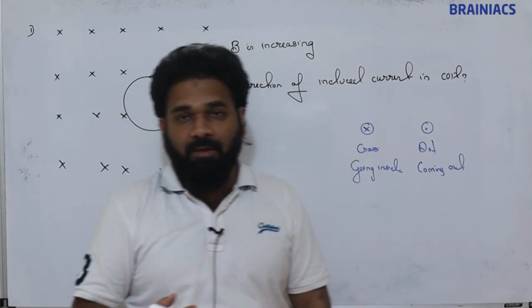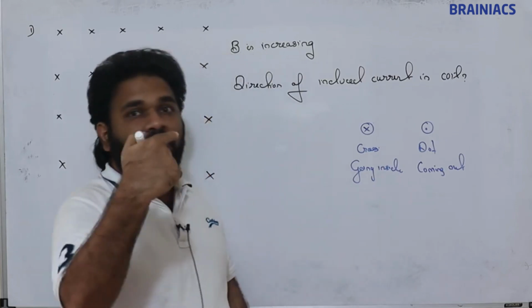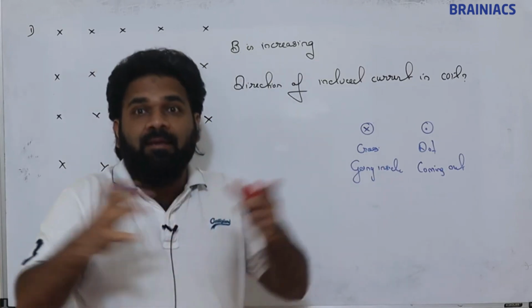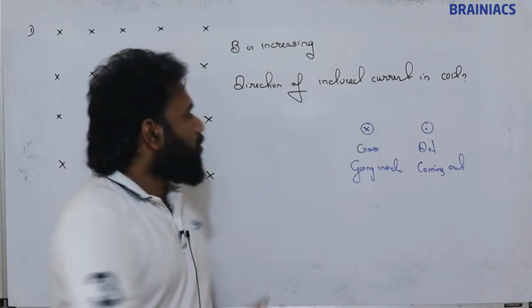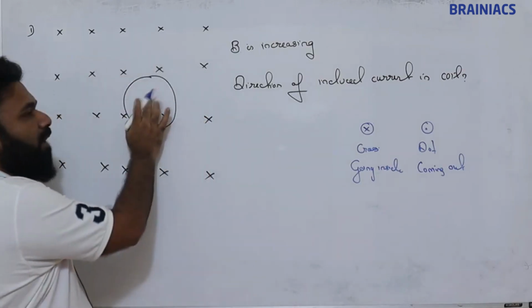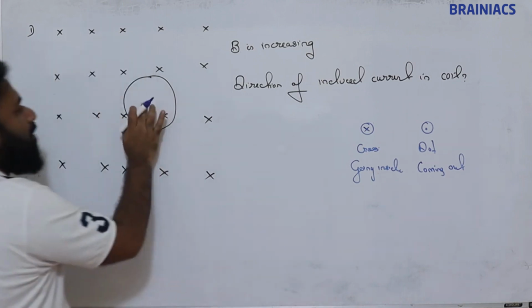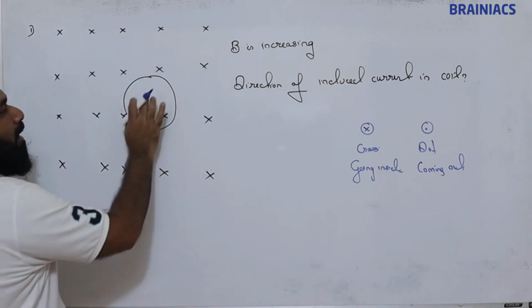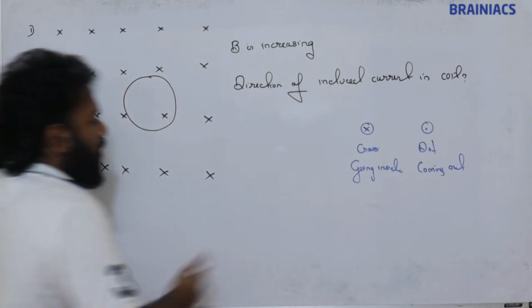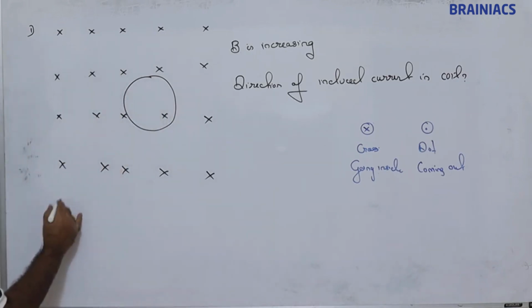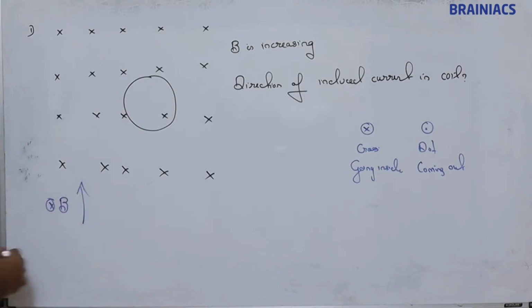The cross magnetic field, that is the magnetic field going inside, is increasing. If the magnetic field increases, flux will change, EMF will be induced in this coil, and current will be induced in the coil. So in the question, the cross magnetic field is increasing.